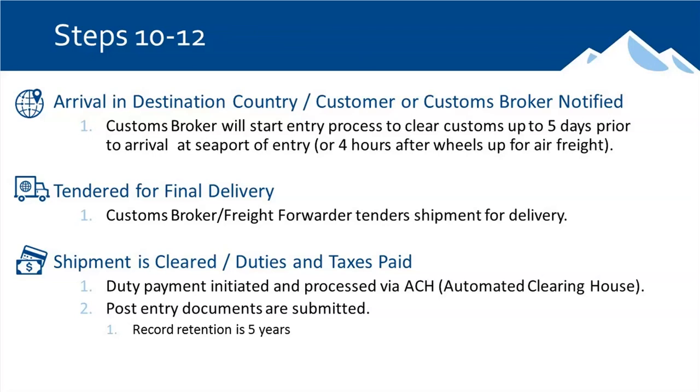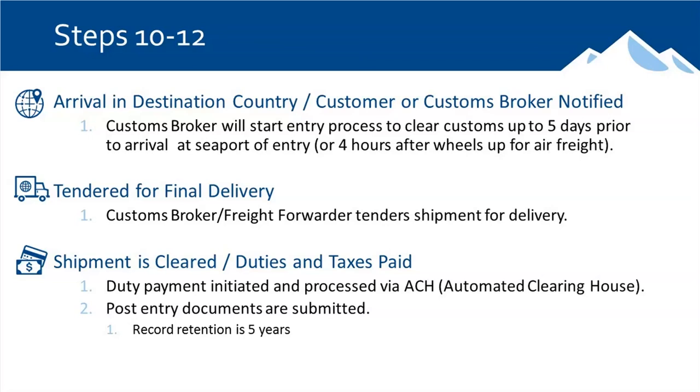Very important from an importing perspective is document retention, and even on the export side, but specifically on the import side, the document retention is 5 years. The document packet includes the 7501, which is essentially the clearance from U.S. Customs, as well as the packing list, the bill of lading, the invoice, all associated documents with that.